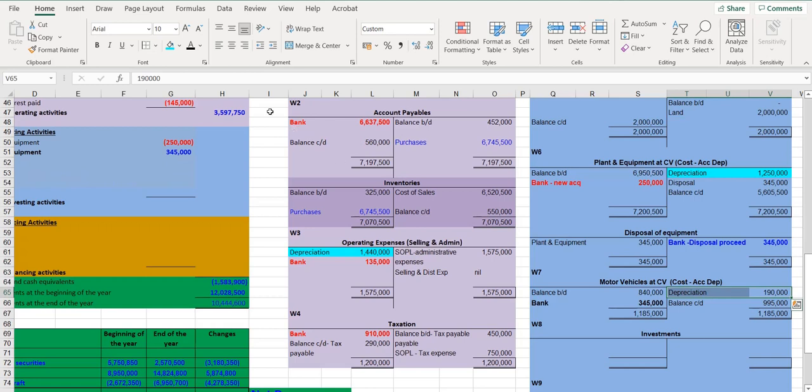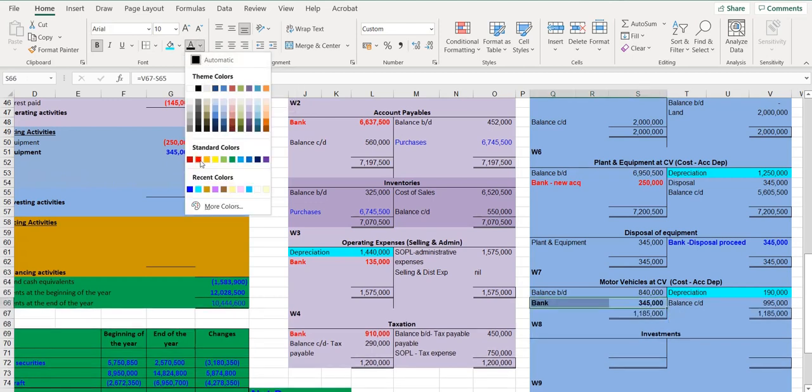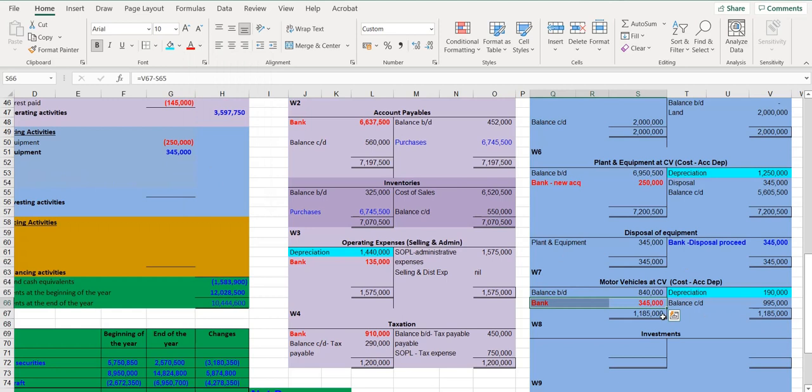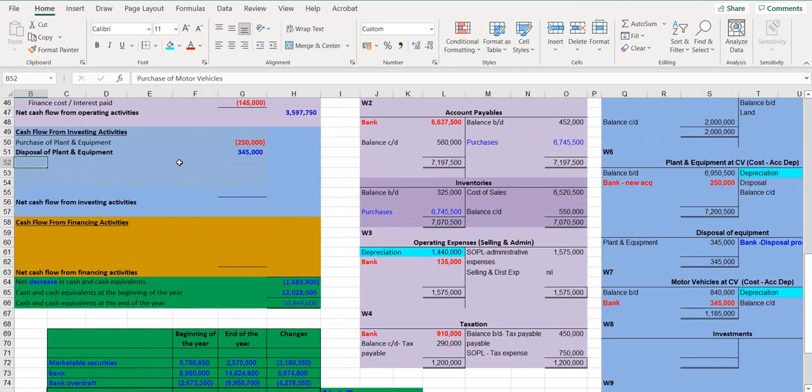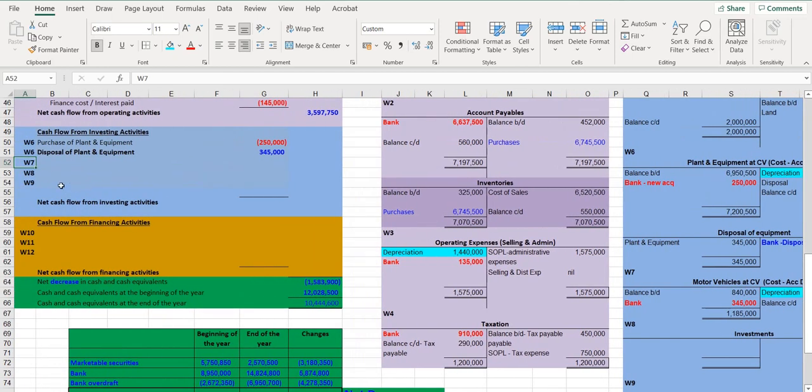And remember, depreciation is non-cash, right? And now find out what the acquisition of the motor vehicle during the year was by taking the total minus the balance. So you have a bank item, or cash amount, of 345, an outflow. Do not get confused with the 345 on top of it.